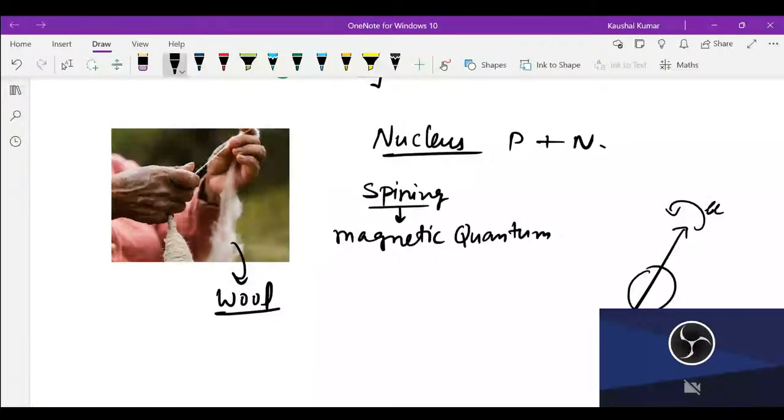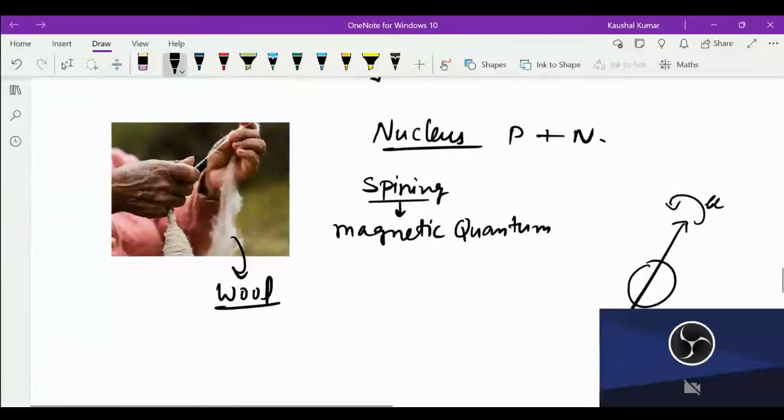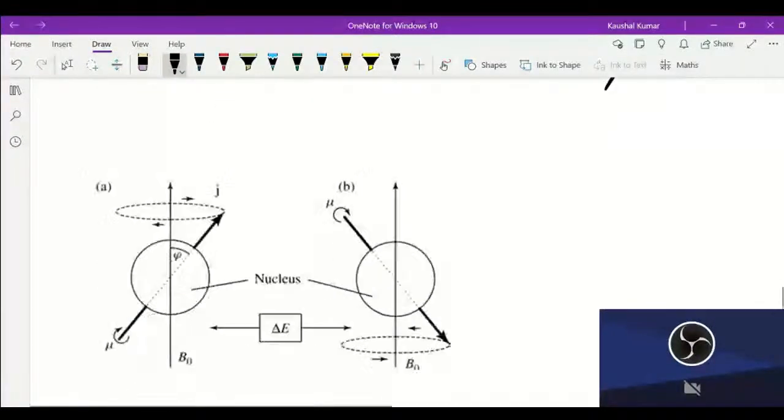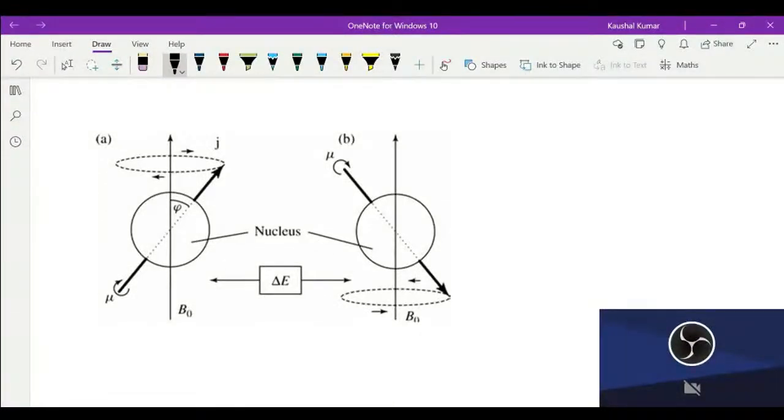So that is a spinning, and if you supply a certain amount of energy and a certain amount of magnetic field, in that magnetic field it may turn parallel to the magnetic field.